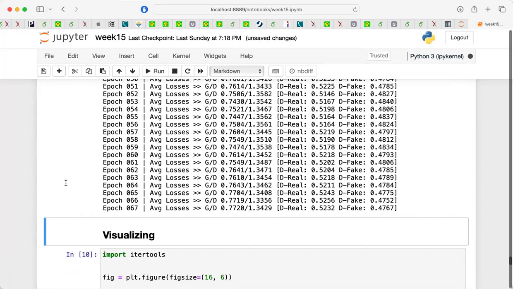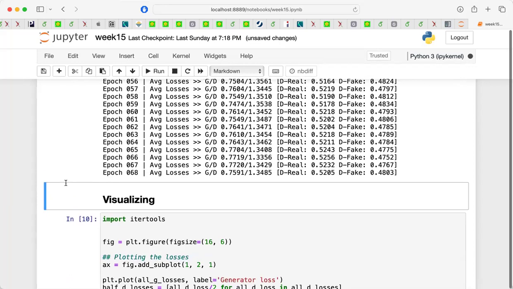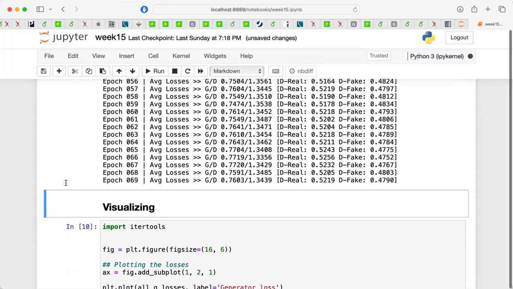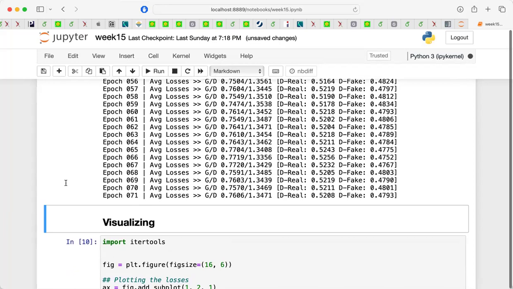Okay, this is still running here. So let's just wait a little bit more before we can generate data. The final plot here is a comparison between the loss for the generator function and the discriminator loss, and then a comparison between the fake data and the real data.